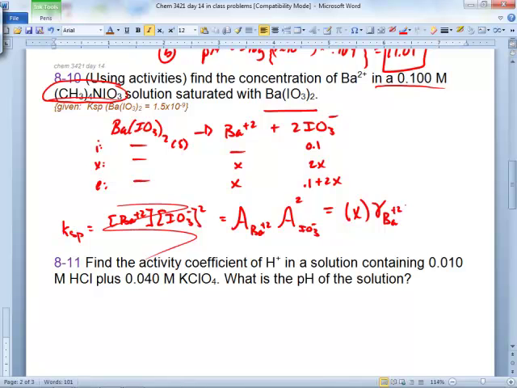We could have squeezed them in over here, the activity coefficient of barium, the activity coefficient of iodate squared, but that's okay. And then we're going to have, Miriam, now what? Oh yeah, the iodate, so you're going to put in 0.1 plus 2x.